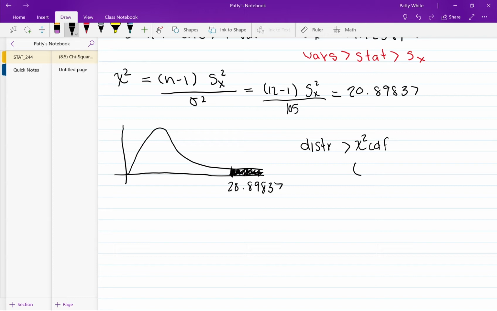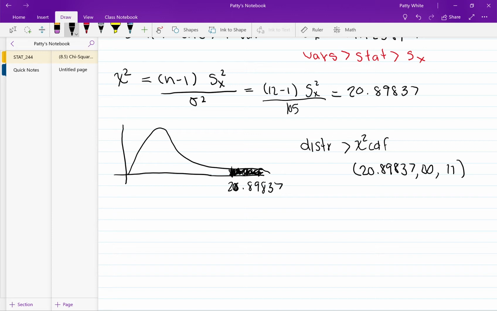And the chi-squared CDF has some parameters. What it wants is your lower limit, and my lower limit is the 20.89837. My upper limit, well, I'm going to go from this 20.89 all the way to infinity. And then it wants your degrees of freedom. Degrees of freedom is n minus 1. My n was 12, so minus 1, it gives me 11.